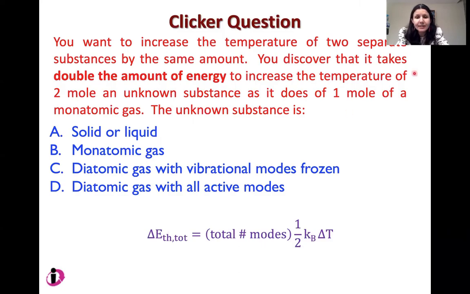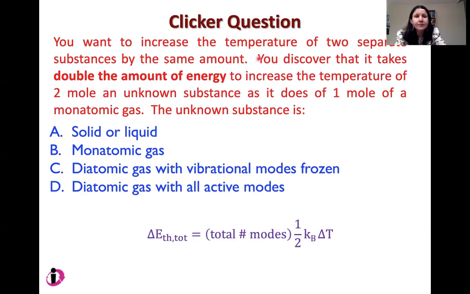All right, let's take a look at a slightly different scenario now. So here, what you want to do is you want to increase the temperature of 2 substances by the same amount. So the temperature, you're changing that by the same amount.